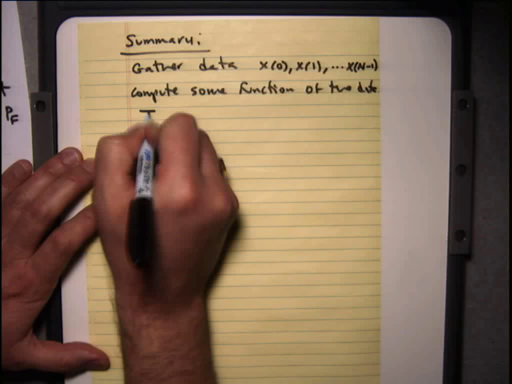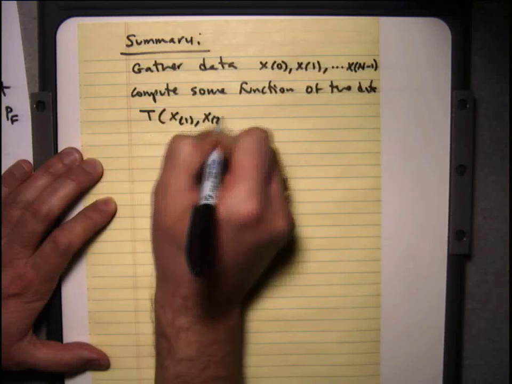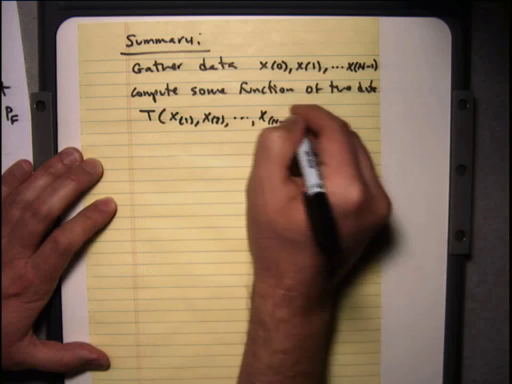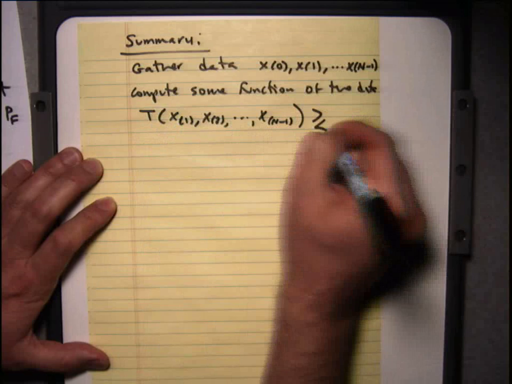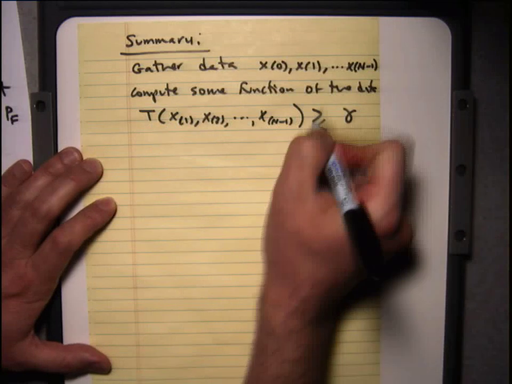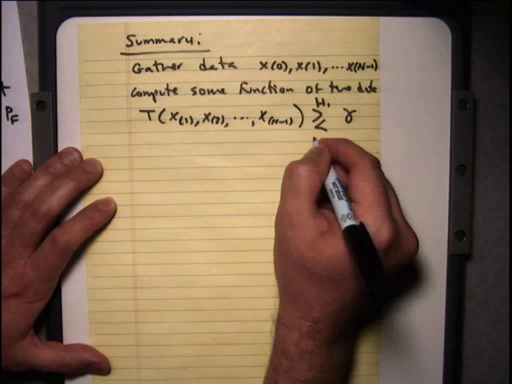Let's call it T of x0, x1, ..., xn minus 1. And then compare it to a threshold. If it exceeds the threshold, you declare H1 to be true. If it does not exceed the threshold, you declare H0 to be true.